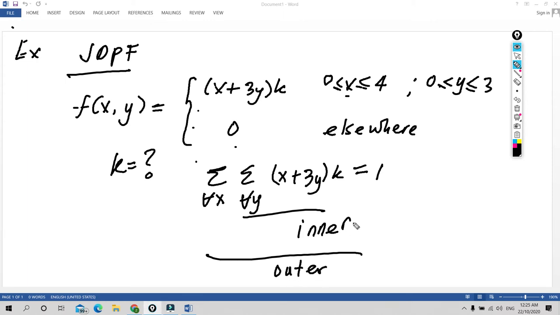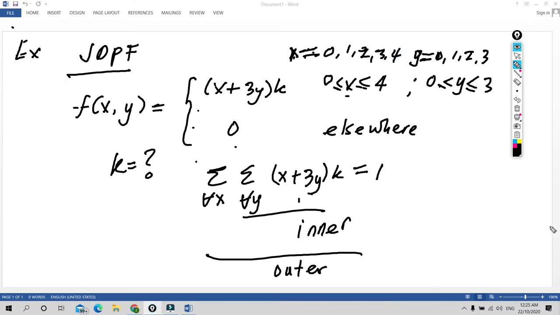We solve the inner part first. y from 0 to 3 means y is 0, 1, 2, and 3. And x from 0 to 4 means x is 0, 1, 2, 3, and 4.